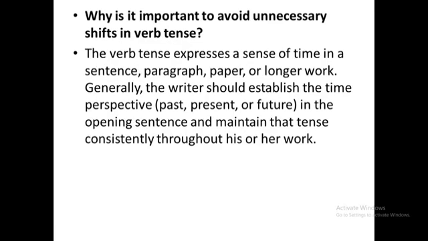So now, why is it important to avoid unnecessary shifts in verb tense? The verb tense expresses a sense of time in a sentence, paragraph, paper or longer work. Generally, the writer should establish the time perspective. Obviously, time perspective means past, present or future.